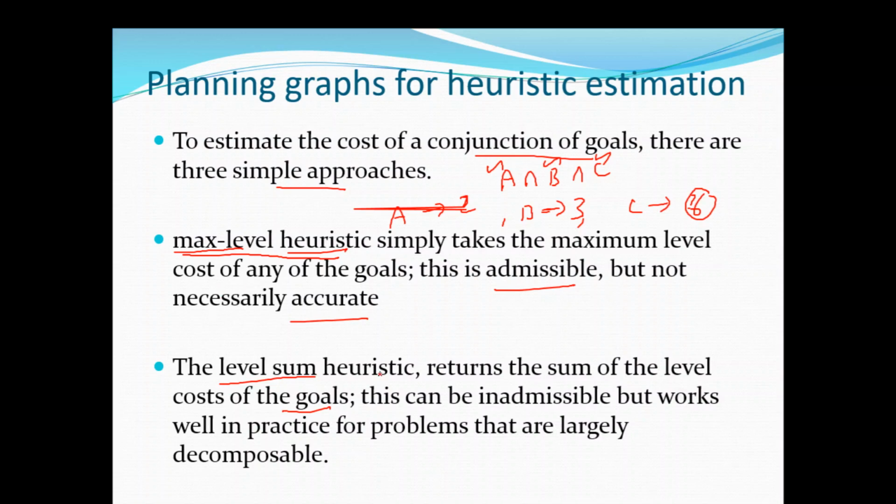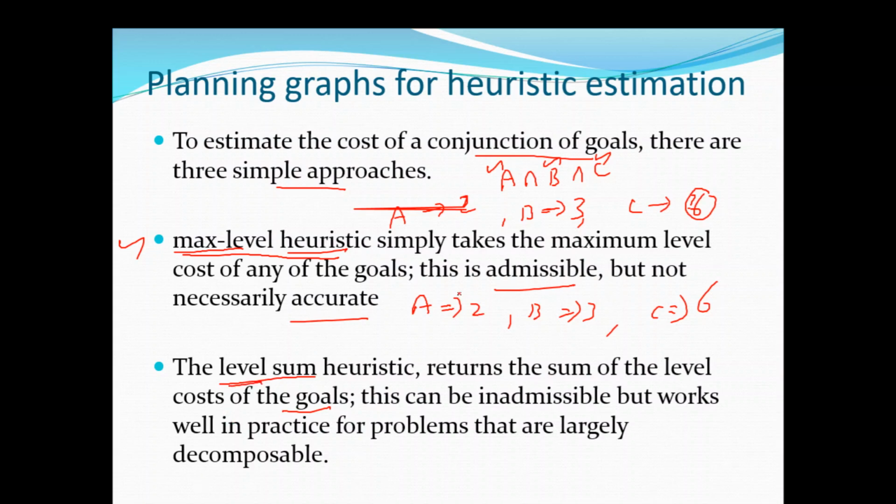If you see the level sum heuristic, here we add all the level costs. For example, there are three sub goals: A, B and C. Say for A the level cost is as usual 2, for B it is 3, and for C it is 6. In this case we add everything. In the first case, in max level, we identified the one with the maximum level cost, and that was considered the heuristic cost.